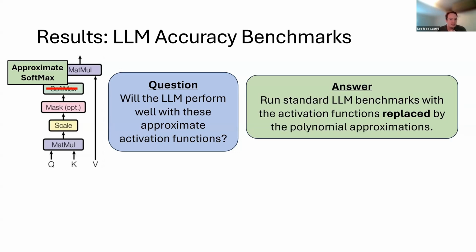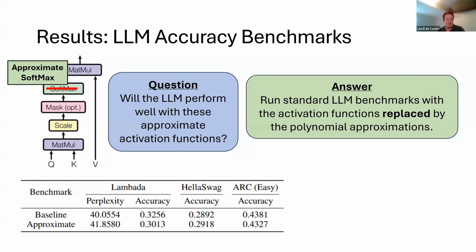The way we went about answering this question was to run standard LLM benchmarks with the activation functions swapped out with the polynomial approximations. As you can see here, we have a couple different benchmarks that measure both perplexity and accuracy. And the high-level takeaway is that these numbers are very similar.